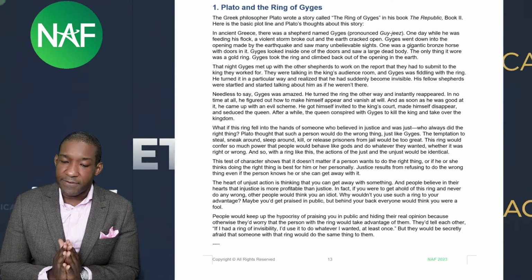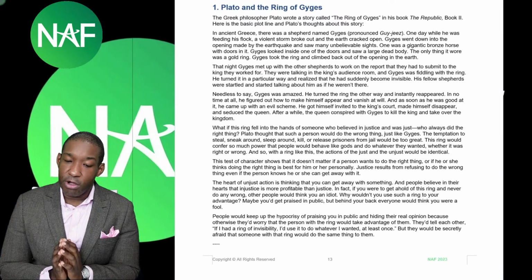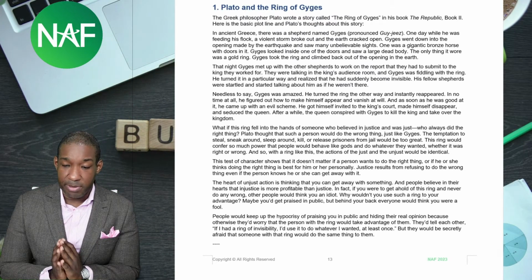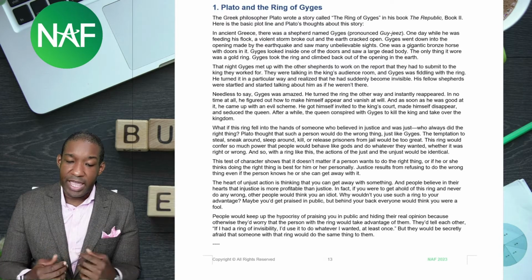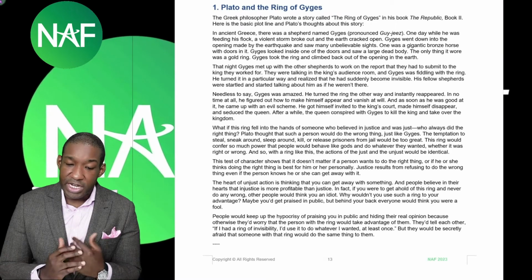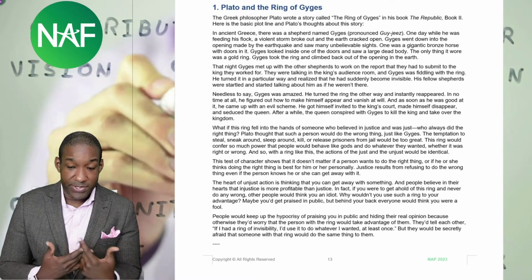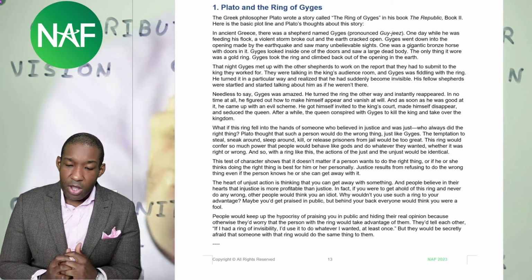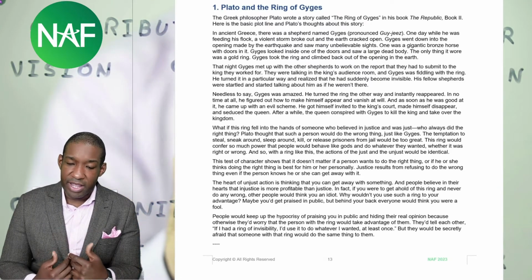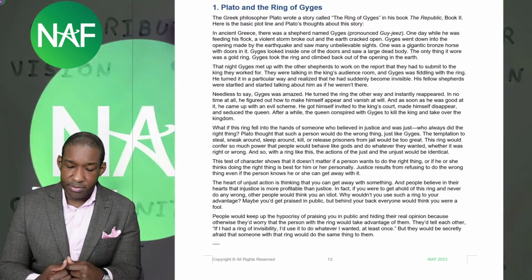The Greek philosopher Plato wrote a story called The Ring of Gyges in his book, The Republic, Book 2. Here is the basic plot line and Plato's thoughts about this story. In ancient Greece, there was a shepherd named Gyges. One day while he was feeding his flock, a violent storm broke out and the earth cracked open.